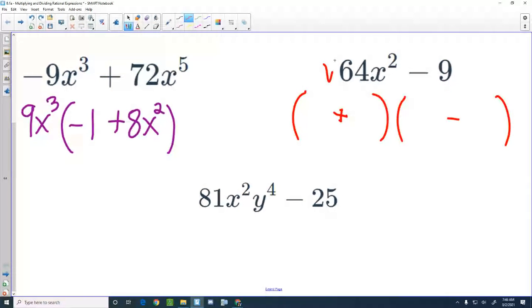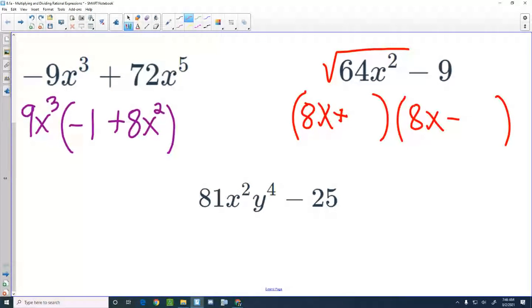When I take the square root of this first term, I'm taking the square root of each base separately. So what's the square root of 64? It's an 8. And what's the square root of x squared? Just an x. So I know that 8x is my first term in each of those binomials, each of the parentheses.